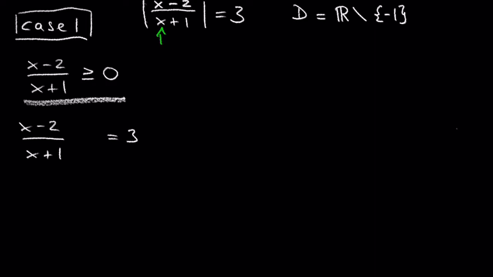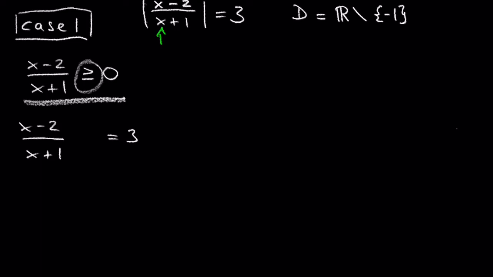Why can we remove the absolute value bars? Because we are in the case where the expression inside the absolute value bars is greater than or equal to 0. Remember, if the thing inside the absolute value bars is greater than or equal to 0 and we remove the absolute value bars, nothing changes, because the only job for the absolute value bars is to make the expression inside the absolute value bars positive. And if the thing between the absolute value bars is already positive, we don't need the absolute value bars.